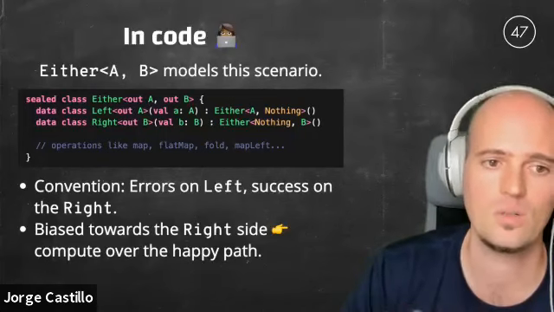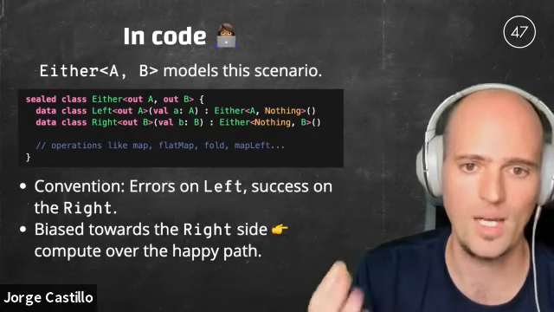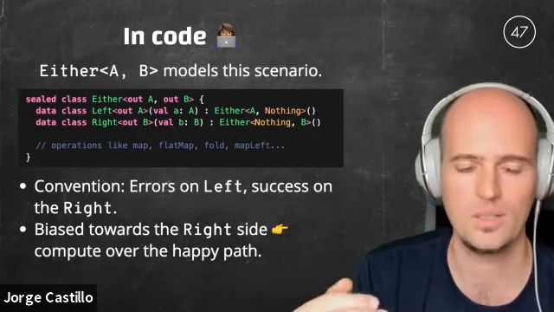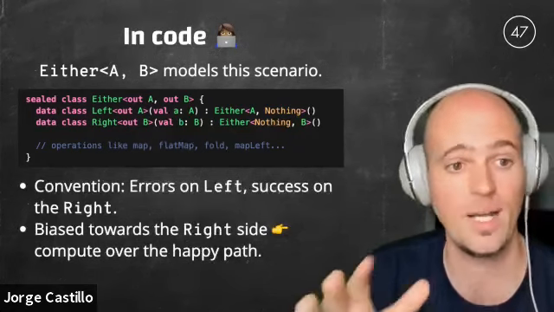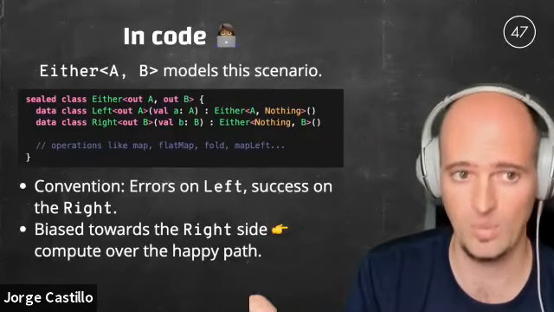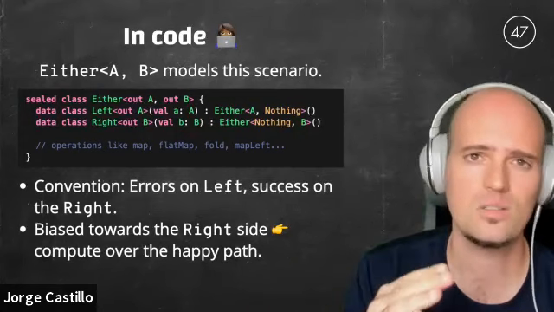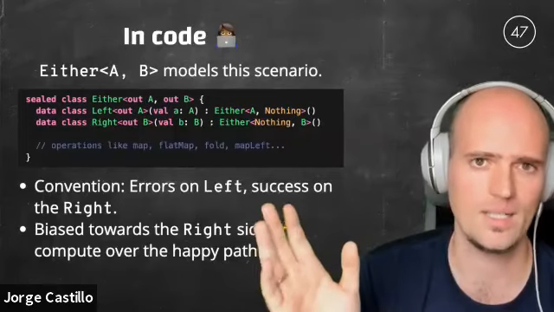If you put something on the right side, that's where operators like map and flatMap are going to be working. So if you have an Either that is a Right, and you map or flatMap, those mapping lambdas are going to take place over the data and keep going. But if it's an error, those are not going to do anything, but just forward the error right until the end.